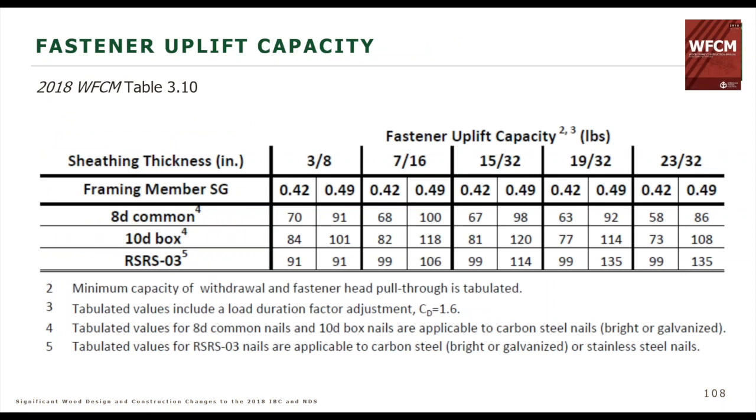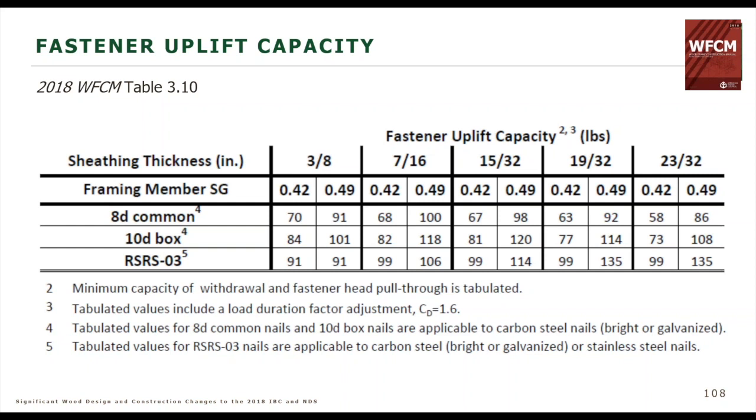If you jump into the Wood Frame Construction Manual, in Table 3.10, there's a little footnote table, if you will, that shows the different fastener uplift capacities for 8D common, 10D box nails, and then a roof sheathing ring shank nail.